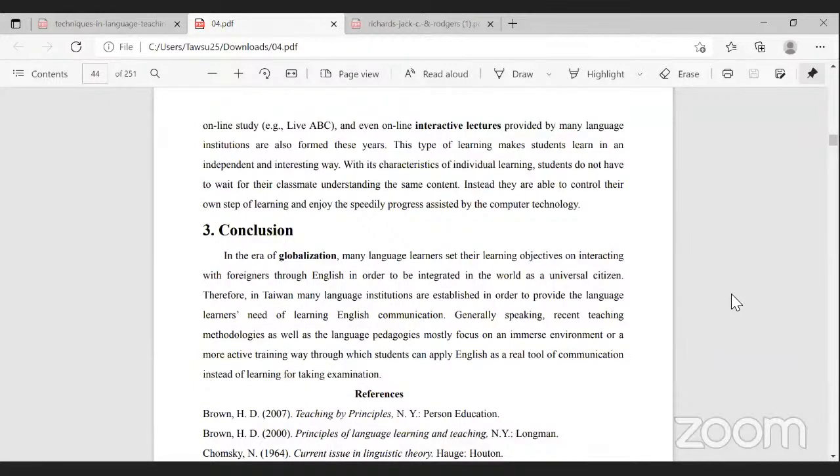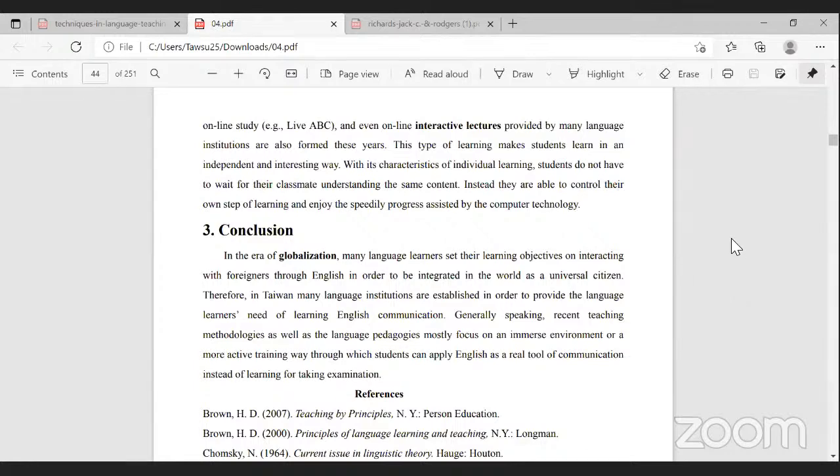So with its characteristics of individual learning, students do not have to wait for their classmates to understand the same content. Instead, they are able to control their own step of learning and enjoy the speedy progress assisted by computer technology. So basically, this talks about learning which is highly appreciated, very independent, and very interesting in nature.